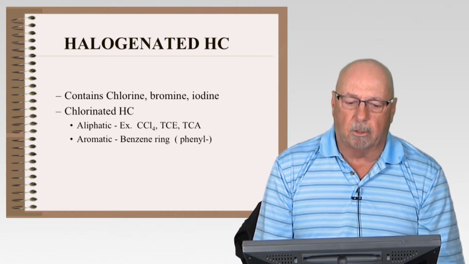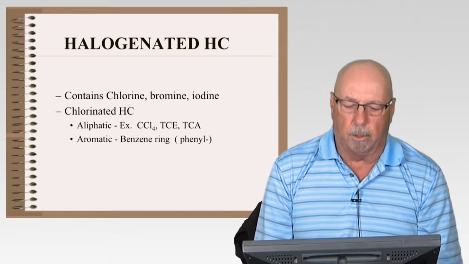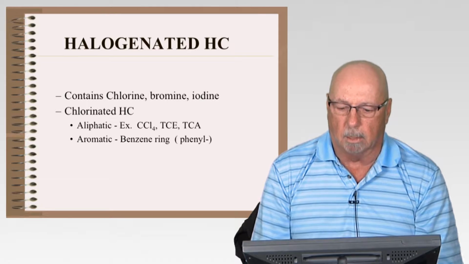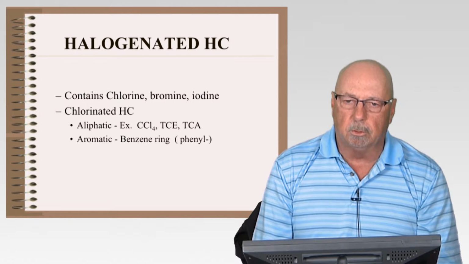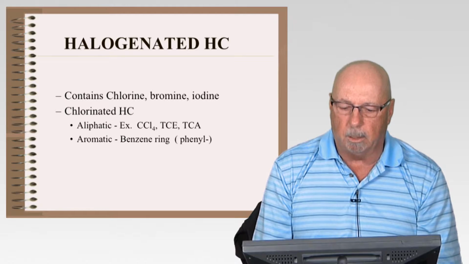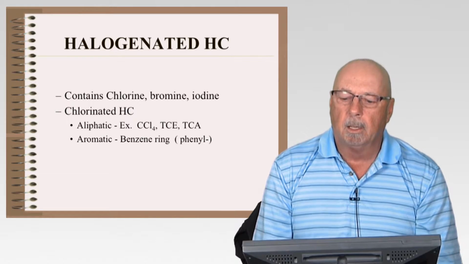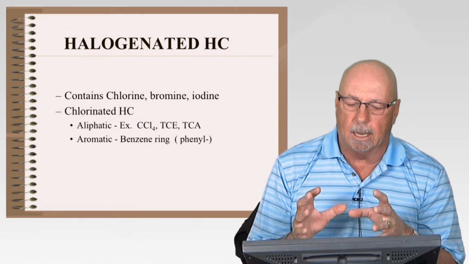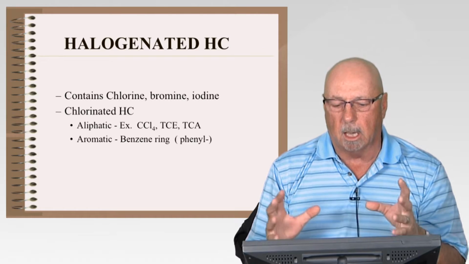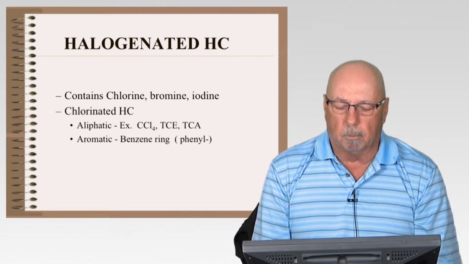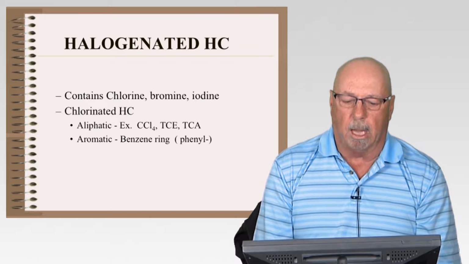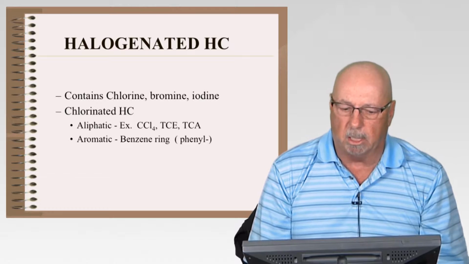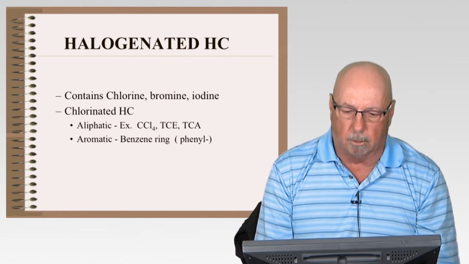But our chlorinated hydrocarbon also can be an aromatic hydrocarbon, and that's just going to mean that we got the benzene ring as our building block. It's often referred to as a phenyl, P-H-E-N-Y-L, phenyl, and you'll see that part of the name in the chemical name. A classical example of an aromatic benzene-derived chlorinated hydrocarbon would be PCBs, polychlorinated biphenyl.